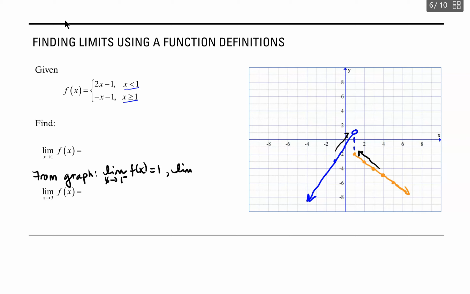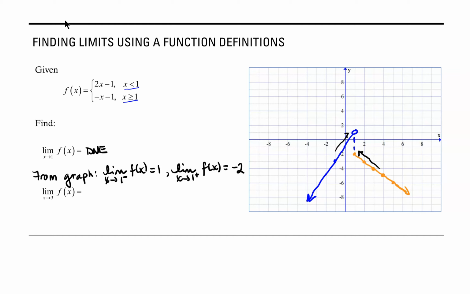And the limit as x approaches 1 from the right of f of x is equal to negative 2. If we don't get the same limit from the left as the right, so 1 does not equal negative 2, we would say this does not exist. And so we can see that from the graph.